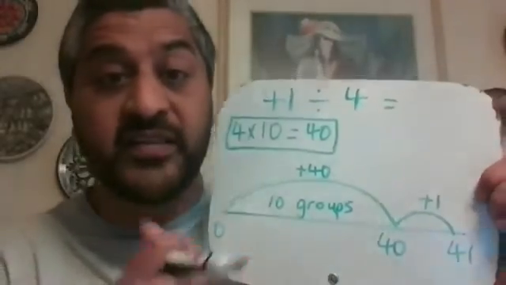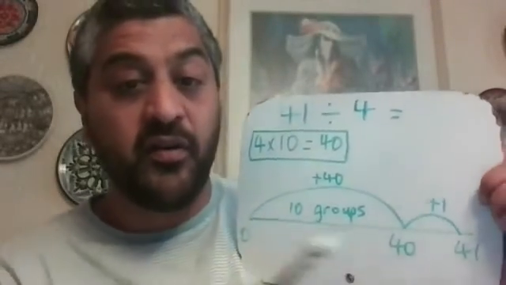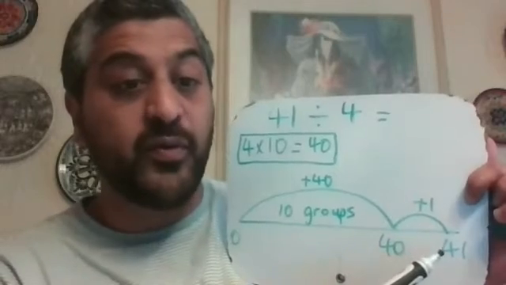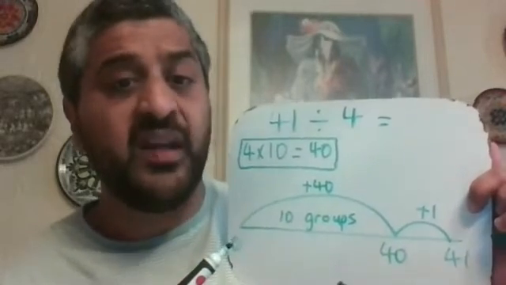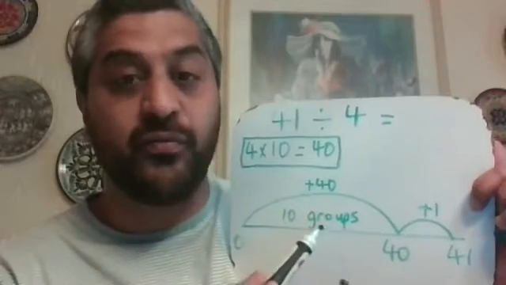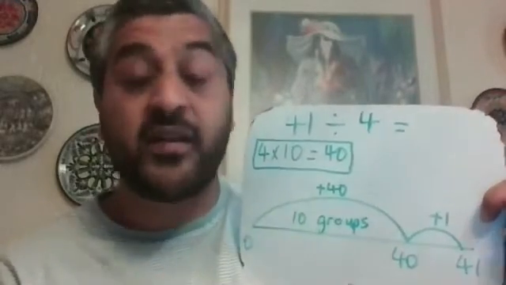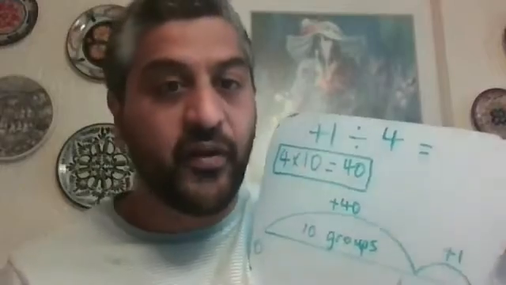So I know that 4 times 10 is 40. So I've put 0 at this end and 41 at this end. So I've done one big jump to 40 because that's 10 groups. The same as me saying plus 4, plus 4, plus 4, 10 times. You can do it that way, that's fine as well.